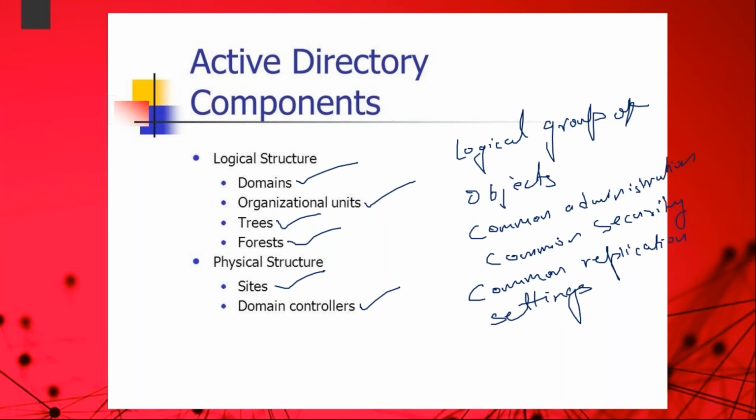When we have more than one domain controller, replication is the method by which we can transfer or update the Active Directory objects from one domain controller to another domain controller, right?